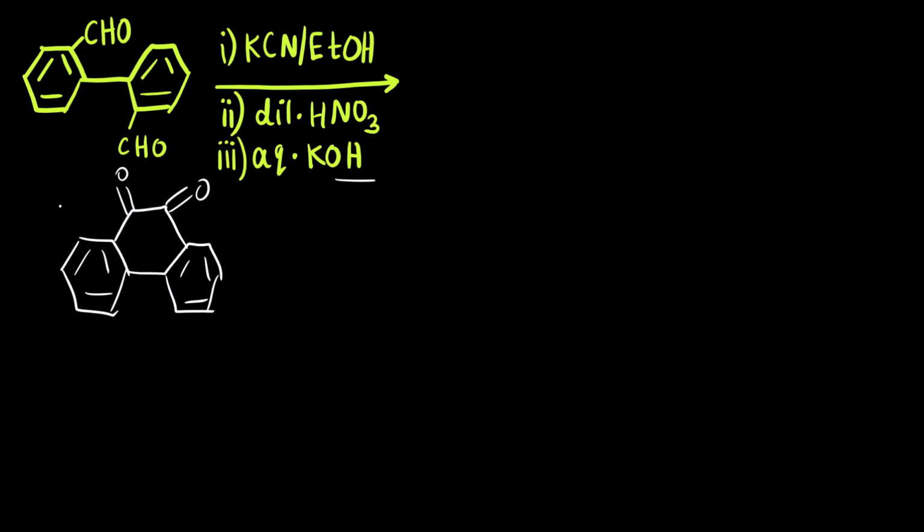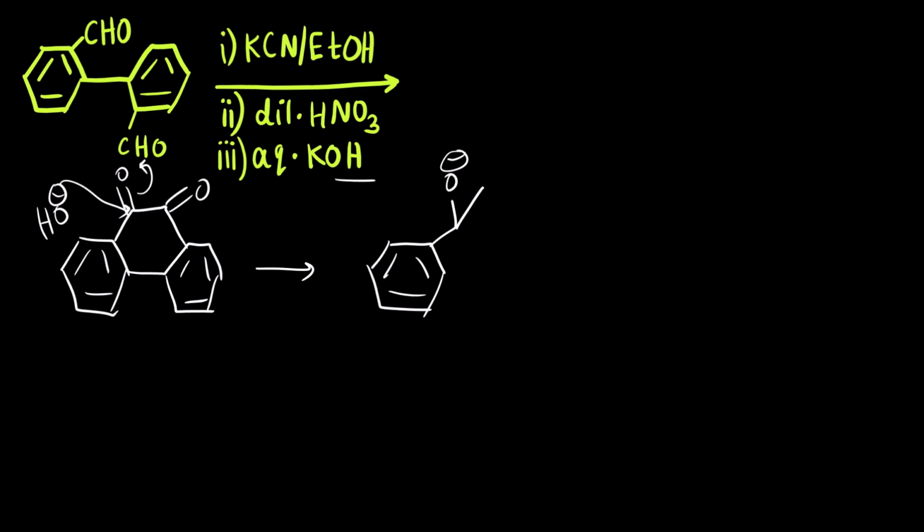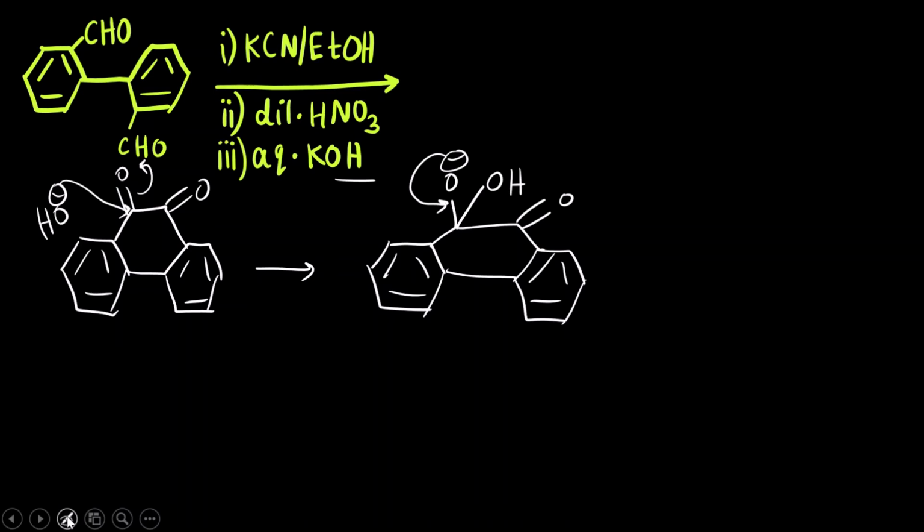Now OH minus is added, so that OH minus will add here at any one of the carbonyl groups, giving O minus OH. Now what will happen is this will come here and then this entire bond will migrate here, at this carbonyl group, and then this will open up.